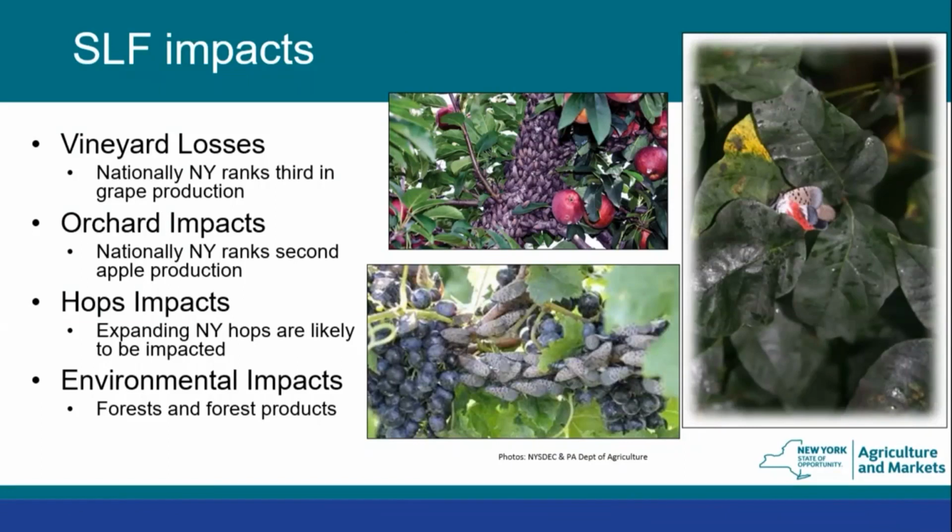But the coating of the honeydew is still going to affect the crop because it's going to diminish the plant's ability to photosynthesize. New York State has been promoting local hop growing for a lot of local breweries for the last several years. And of course, hops is another host plant for spotted lanternfly. Environmental impacts as well, which are also important. They could affect some forest and forest products such as maple and walnut. So, next page.